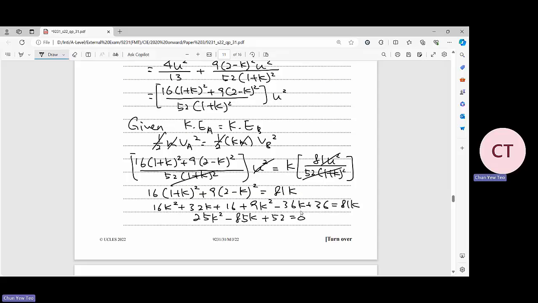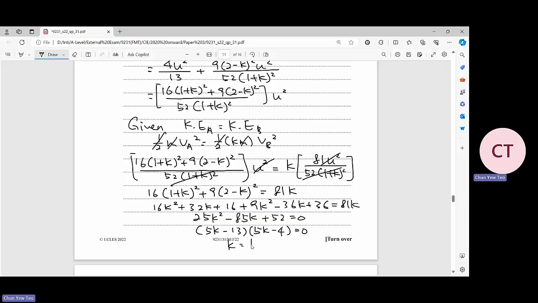A is 25, B is negative 85, and then C is 52. Okay, so you get this one as 5k minus 13 and 5k minus 4. Just like that.